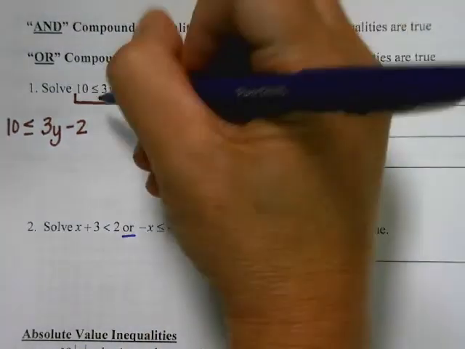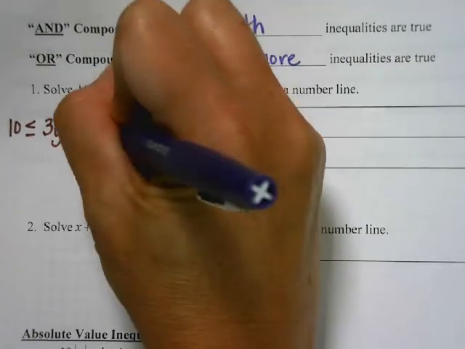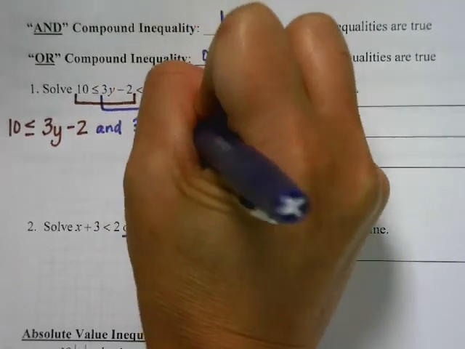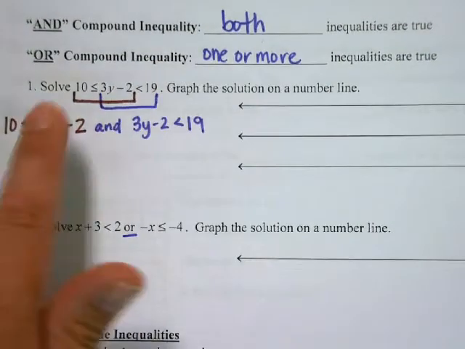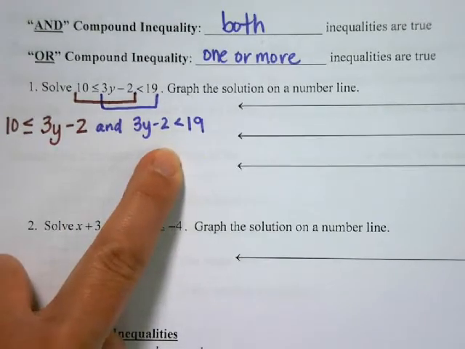The second one we have is this guy, and 3y minus 2 is less than 19. So 3y minus 2 is bigger than 10 and smaller than 19. You see that?